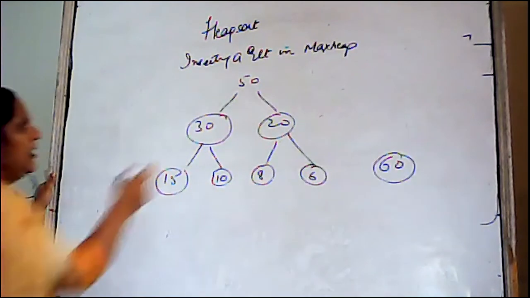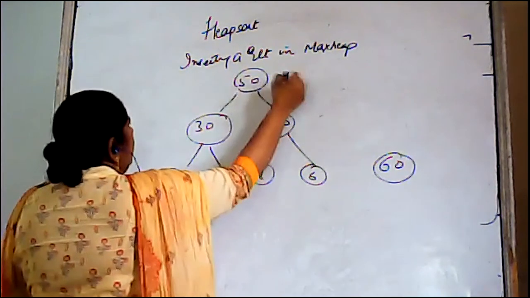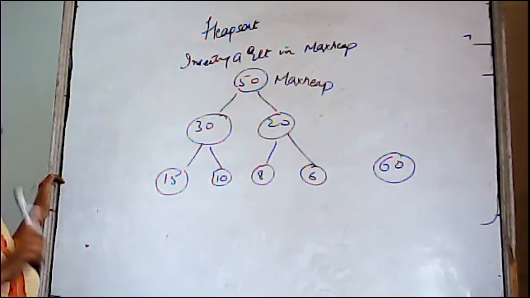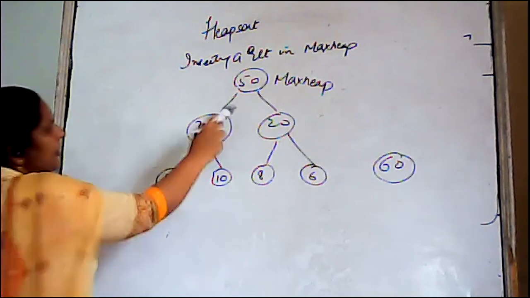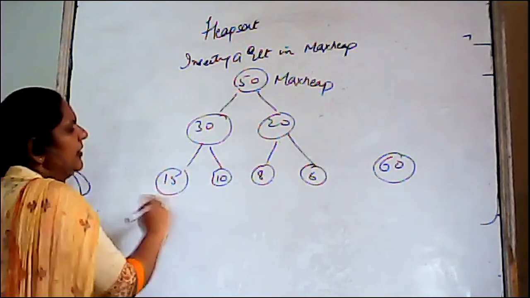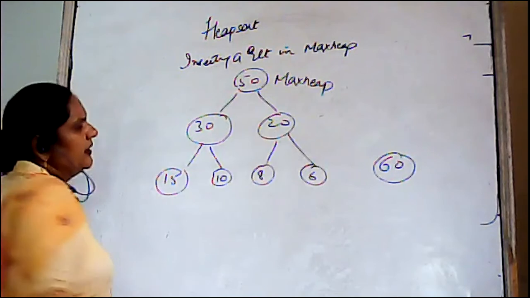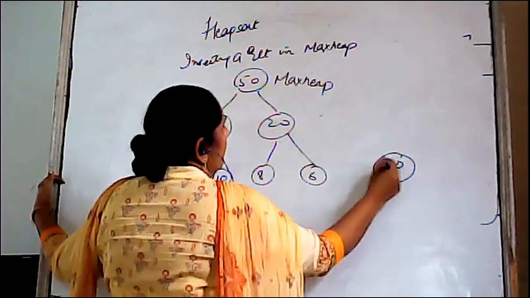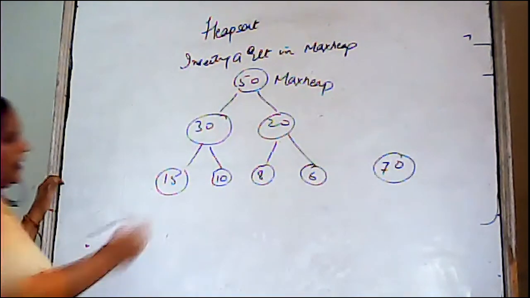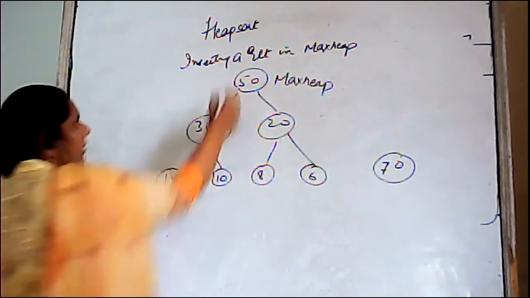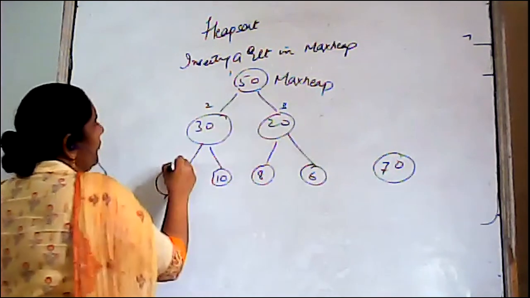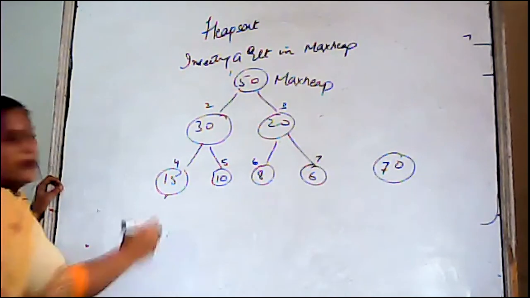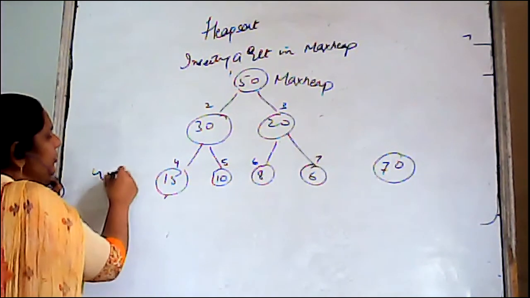If you see this tree, which property is it satisfying? Max heap, because every root node is greater than its child nodes. 50 is greater than 30 and 20, 30 is greater than 15 and 10, 20 is greater than 8 and 6. Now I want to insert, supposedly, 70. Where should I insert? I will append it at the end: 1, 2, 3, 4, 5, 6, and 7. 4's left child would be 4 into 2, that is 8.